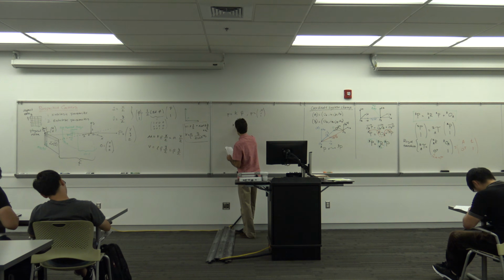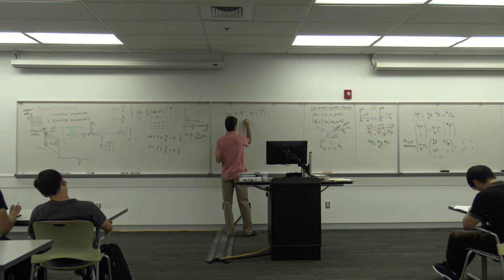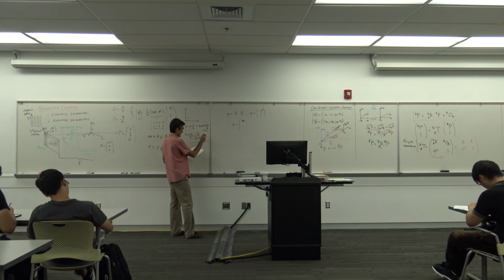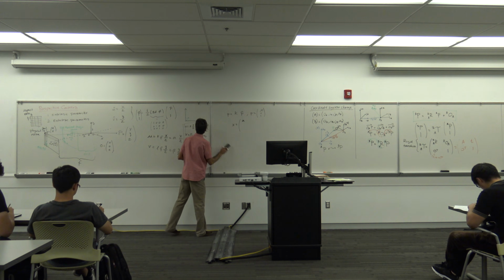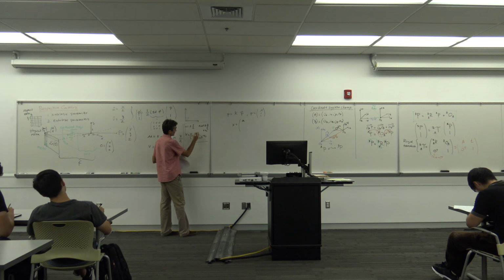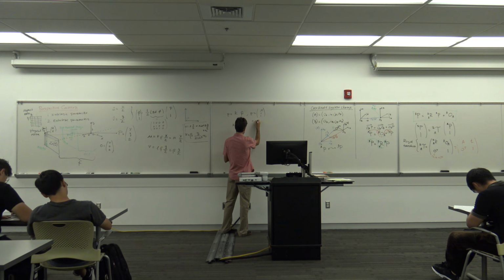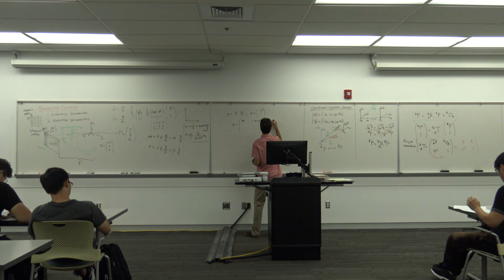And K is going to be equal to alpha as the first entry, then negative alpha times the cotangent of the angle, and then U0.